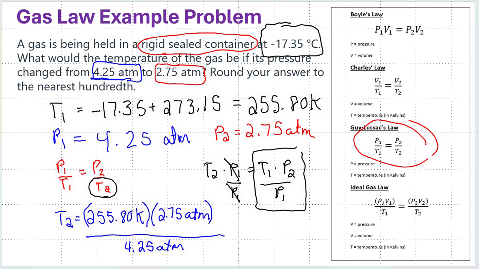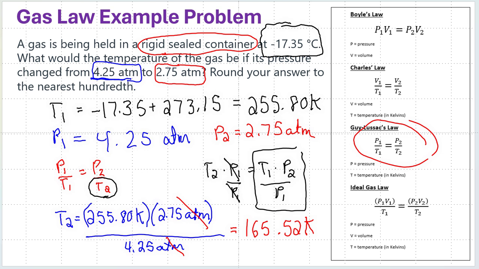And then cross out our units, atm, they cancel. We're given a temperature in Kelvin. We're instructed to round to the nearest hundredth place. So after punching it in our calculator and rounding, we get 165.52 unit Kelvin.